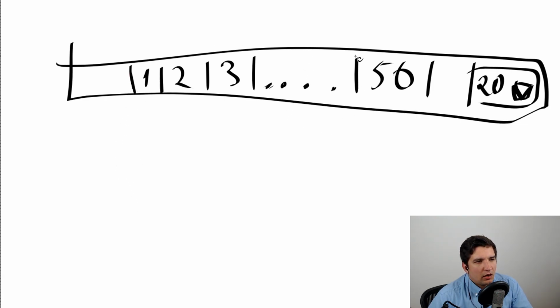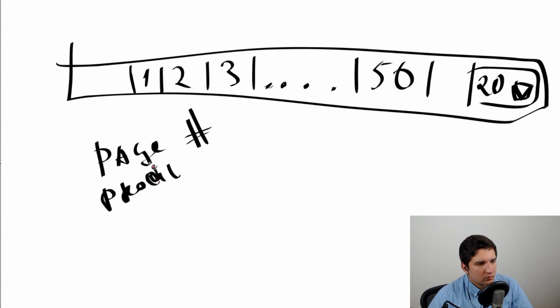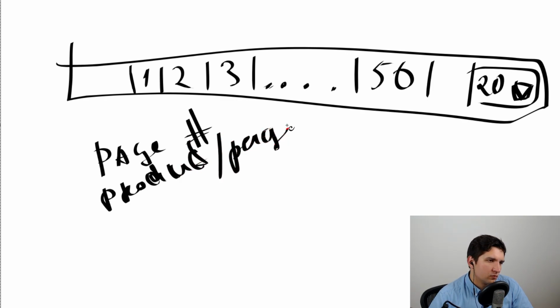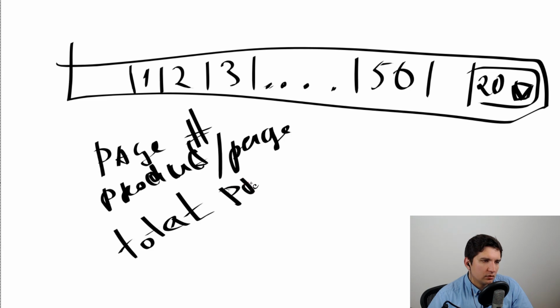I don't know if we need to change anything here. Basically we just need to have the page number, the products per page, and we need to know, of course, as a result of our request, what the total number of products is on a page.